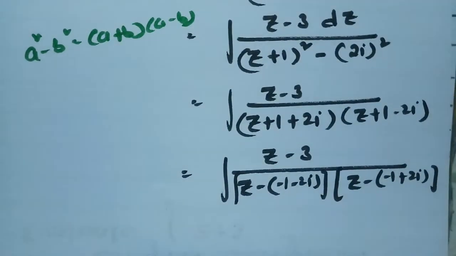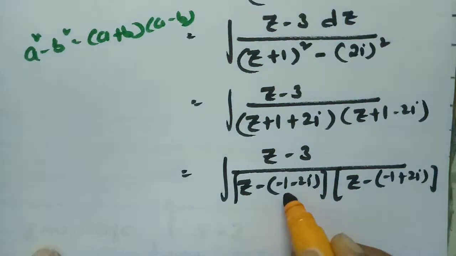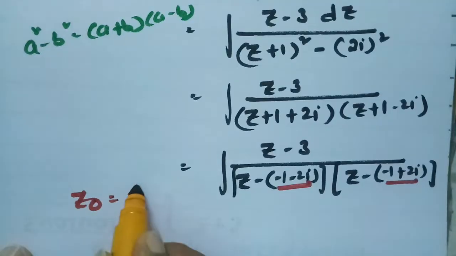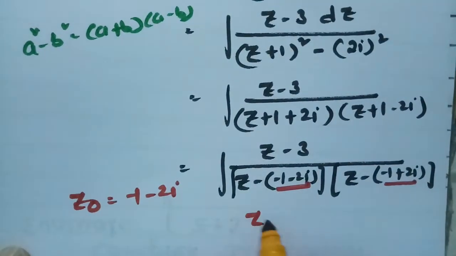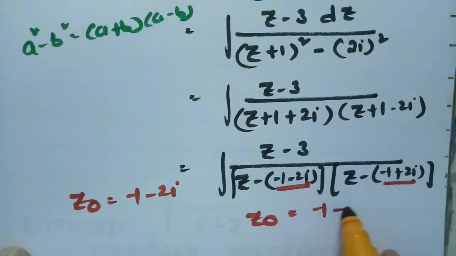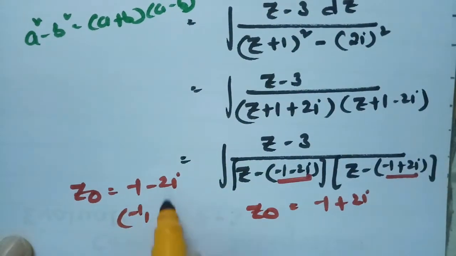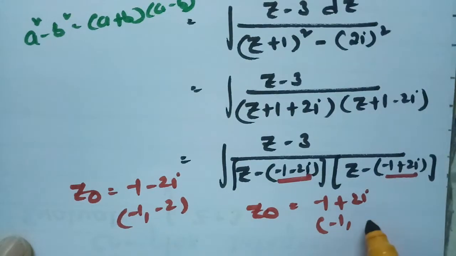And now see, what are the singular points here? Z minus z naught. The first point here, z naught, is minus 1 minus 2i, and the second point here is minus 1 plus 2i. So x-axis is minus 1 and y-axis is minus 2. Here x-axis is minus 1 and this is positive 2.